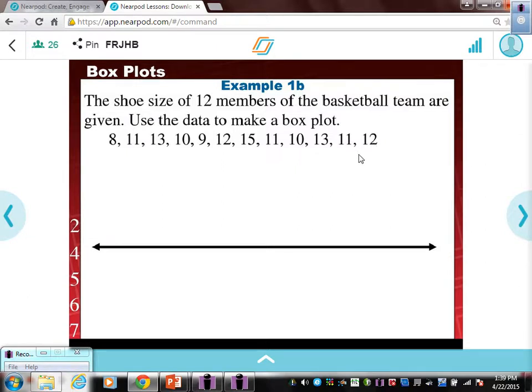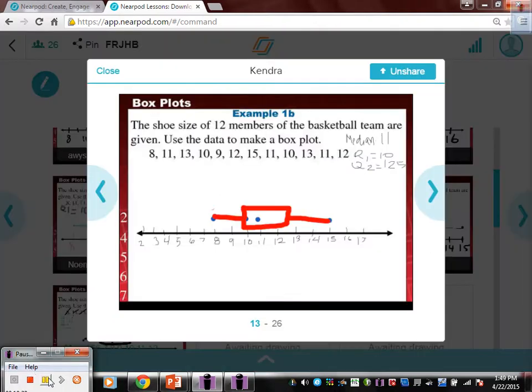So go ahead and copy that and make me a box plot, please. You already know the process. I'll give you guys about 2 minutes. Go. So the median is 11, Q1 is 10, Q3 is 12.5, and the minimum is 8, maximum is 15.